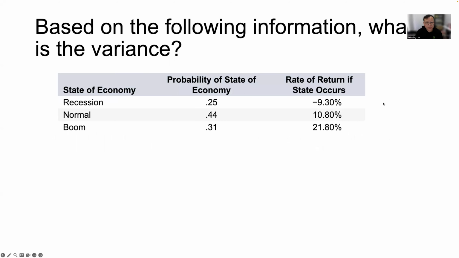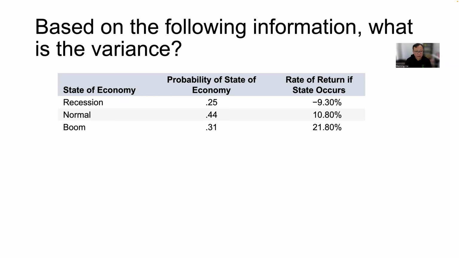The next question is about the probability of the states of the economy and their variance. There are three possible states: recession, normal, or boom. Before we know the outcome of the event, there are three possible events, and they lead to different outcomes.